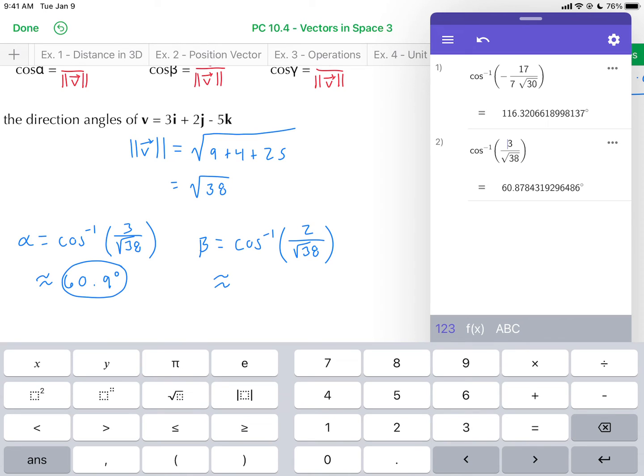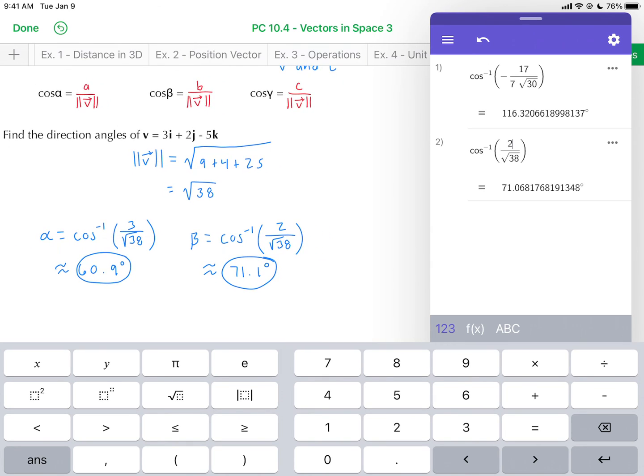So let me just change that right there to a 2. I'm getting 71.1 degrees. That's the angle between this vector v and the y-axis.